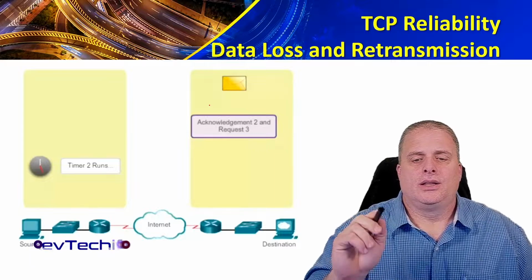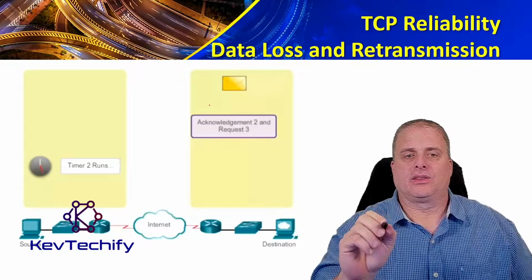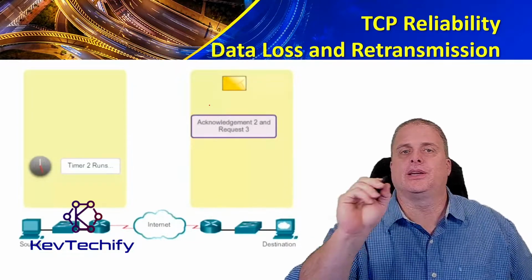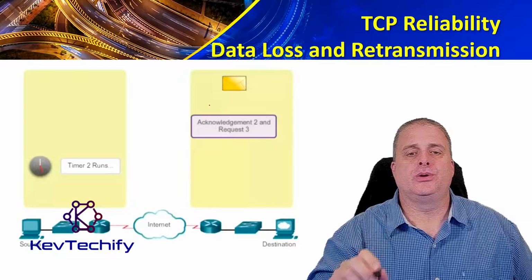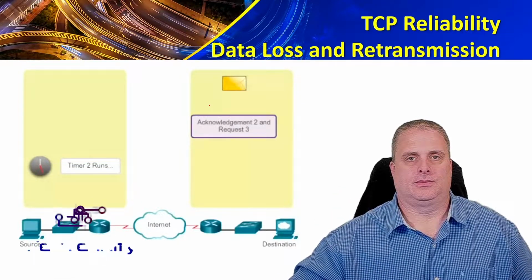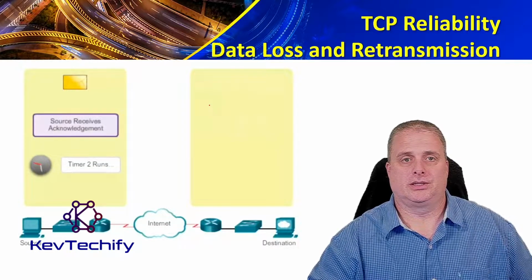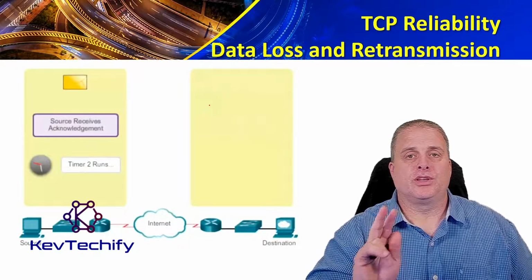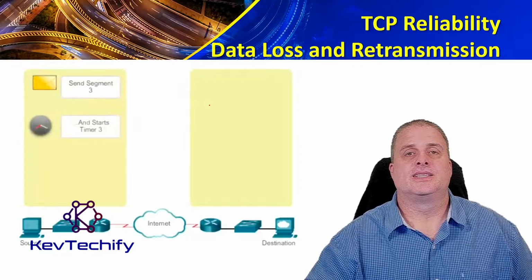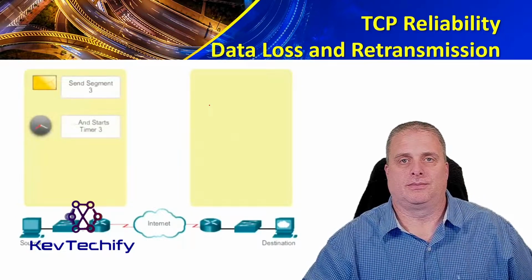And now the destination is going to send an ACK 3. Once again, that ACK 3 is a request for segment number 3, basically acknowledging it received segment 2. Now I'm waiting to receive segment 3. Then the source receives the acknowledgement before the segment 2 timer expires, and segment 3 is sent and starts the timer for segment 3.